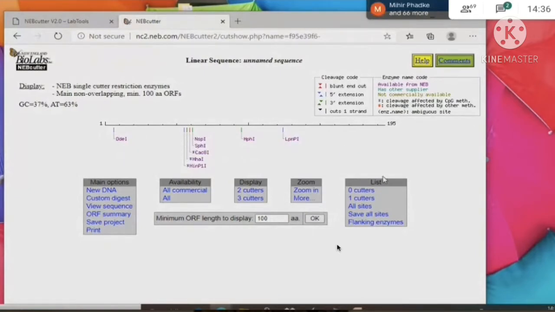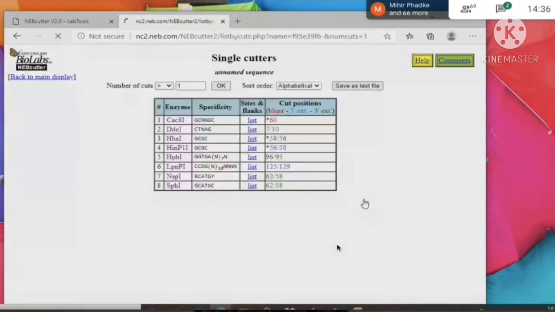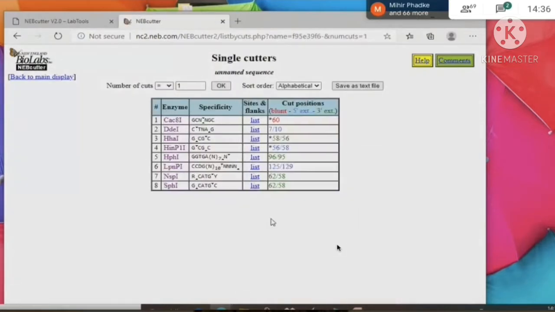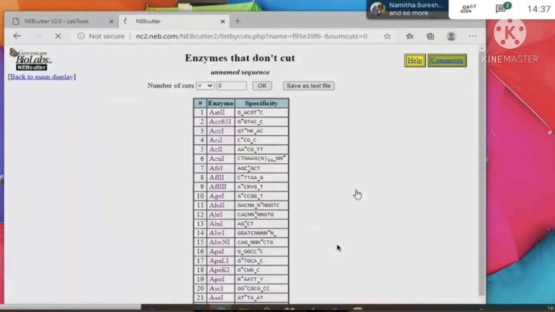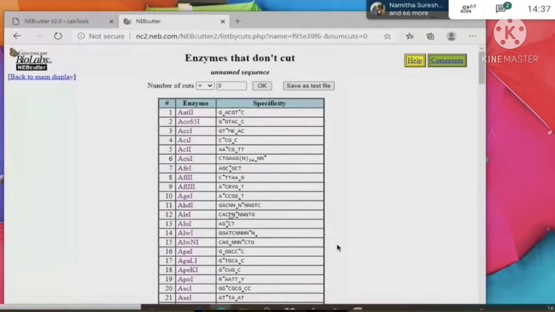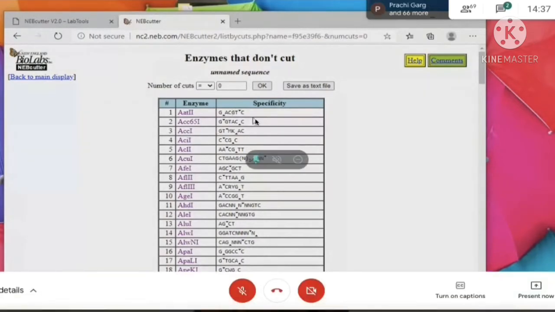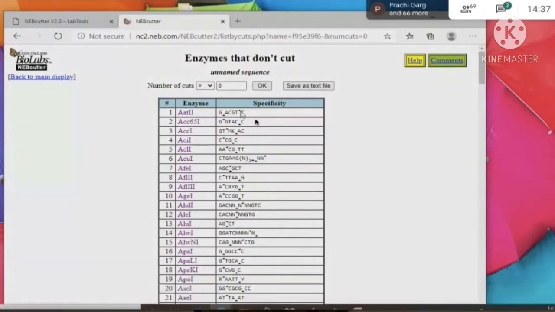If you search one cutter here, you can see this list. If you search zero cutter, you will see this list. What does zero cutter mean? It means the enzymes which are available from this company are absent in your gene.